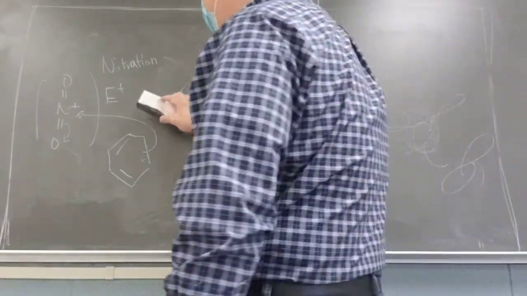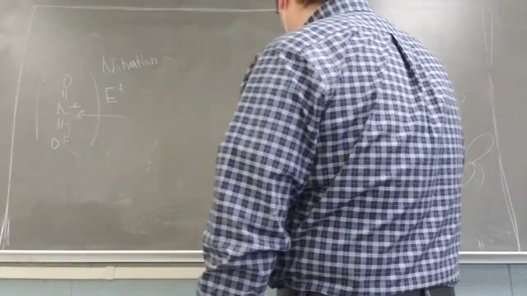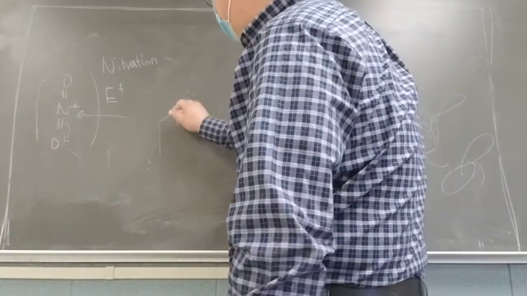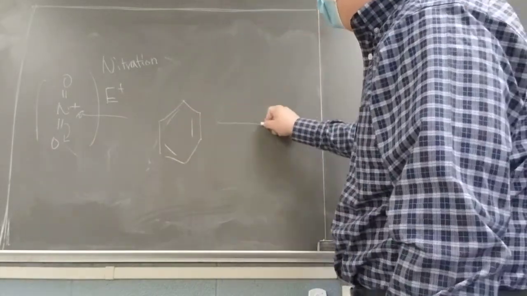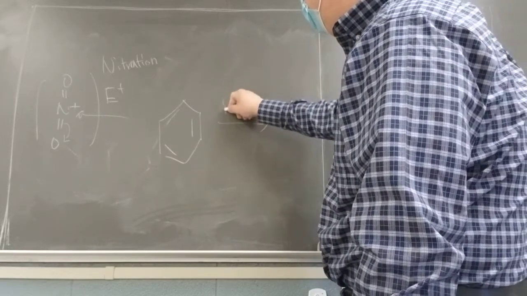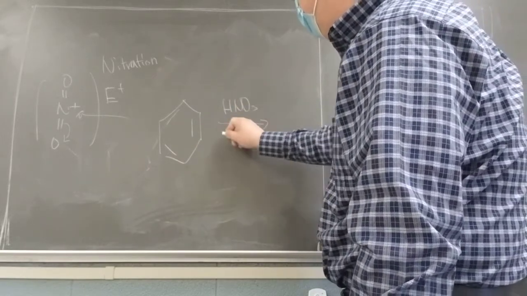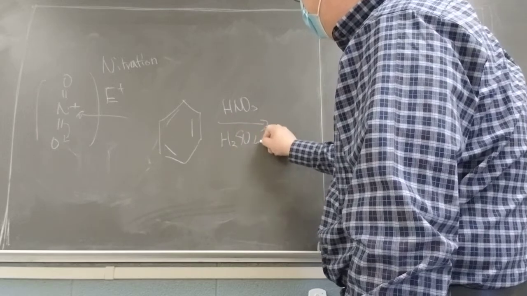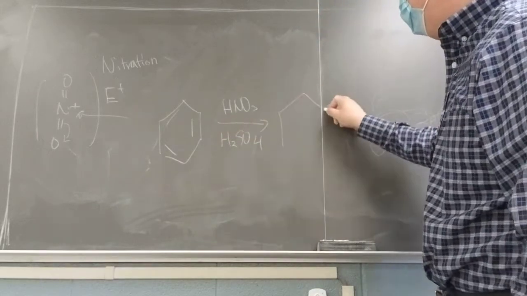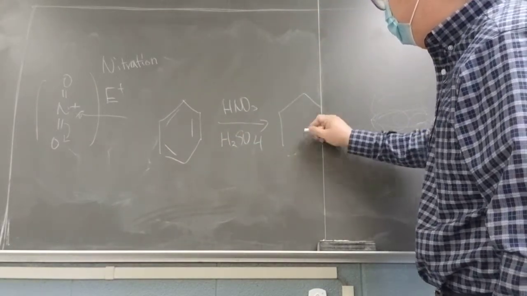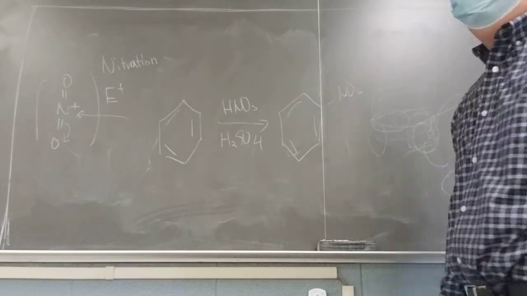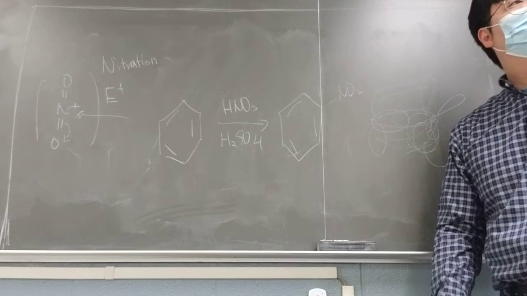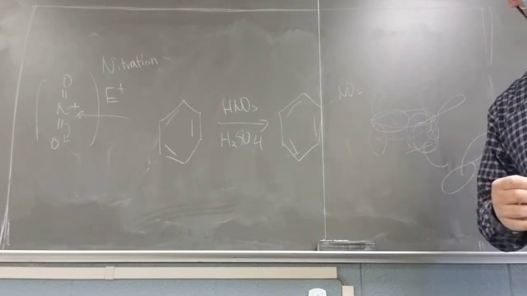So basically, the only thing you have to know is the nitration process. If I give you this, what's the product? You just need to choose this one. That's it. Okay. This is the only thing you need to know for this.